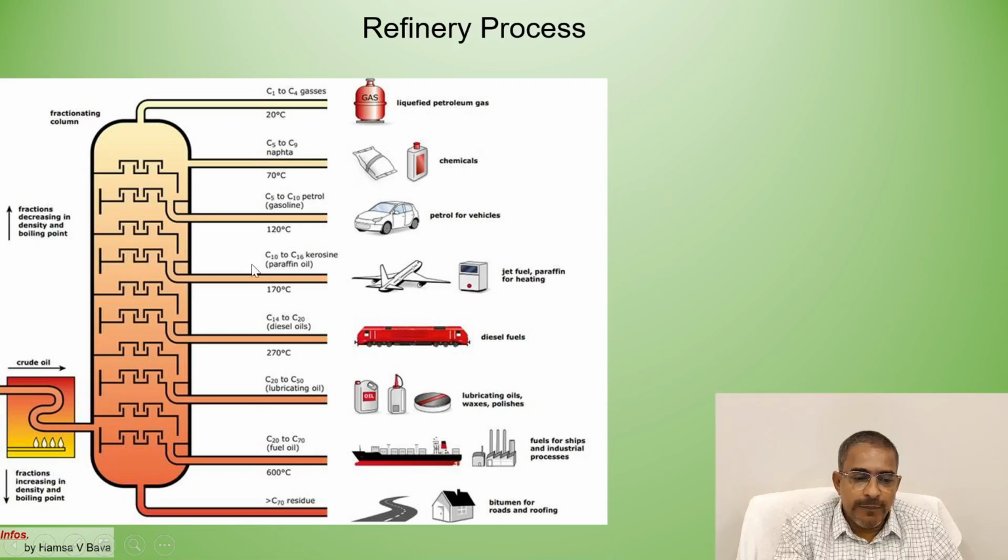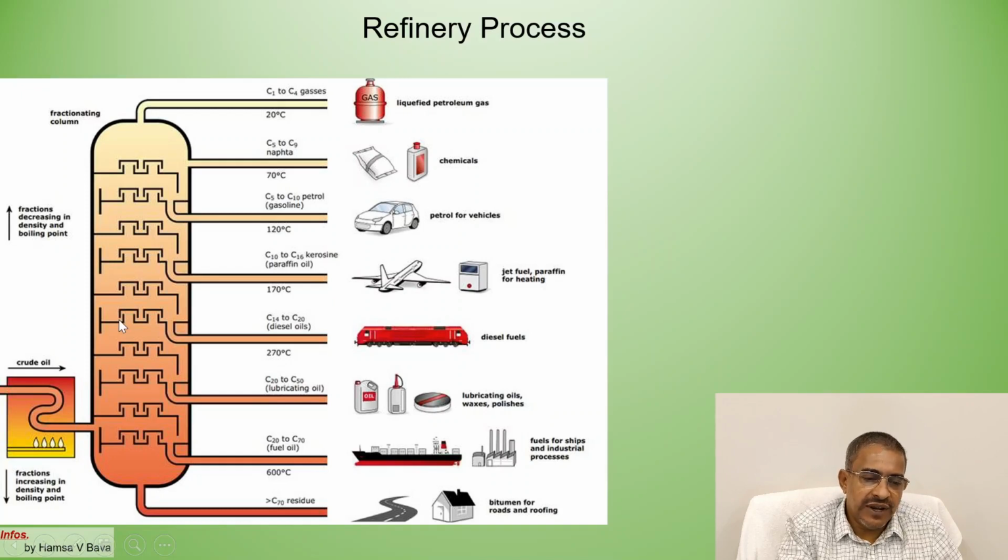So the refinery process is liquid fuel, mainly heavier hydrocarbon. Still it may contain some lighter hydrocarbons, and the refinery is doing crude distillation, fractional distillation, you can say continuous distillation. A very simple definition of distillation is liquid separation using boiling point difference.